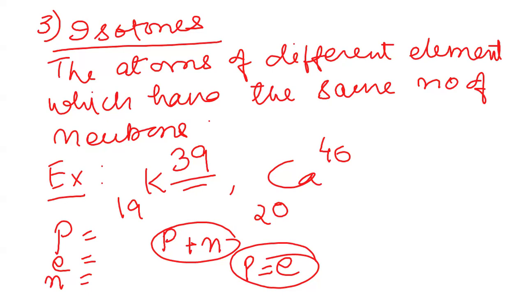The protons and electrons will be 19 and the neutrons will be 20, that is 39 minus 19. So in both of them, the number of neutrons will be 20, right?